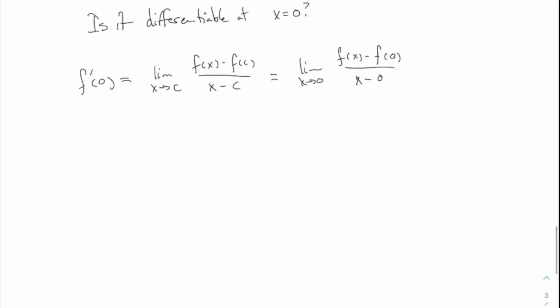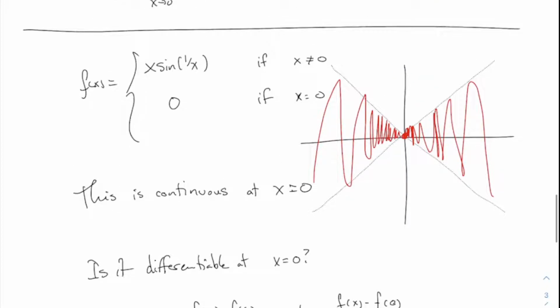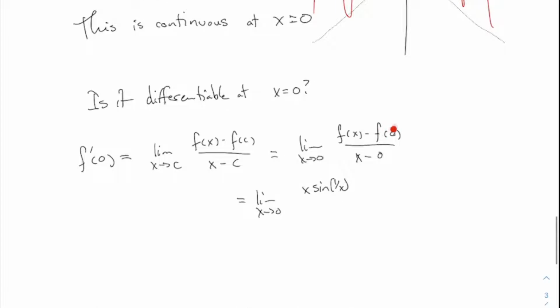So here, this can be x sine 1 over x is what we're talking about, minus, what is f of 0? It says very clearly in the function, it's just 0. So f of 0 is 0, and then divided by x, right? We can simplify, cancel the x's.